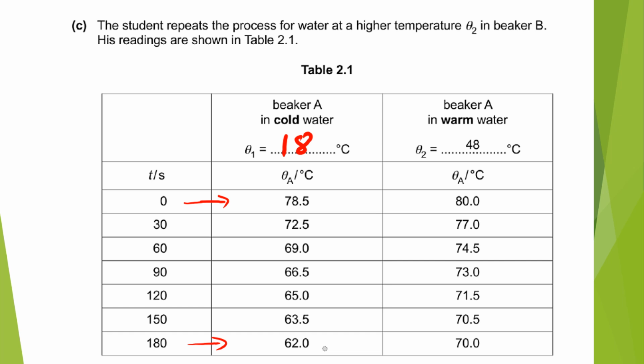So clearly if you observe the readings, initial temperature is 78.5 for beaker placed in cold water and its last temperature is 62. You need to find the difference and just keep it aside. Then beaker A in warm water, the starting temperature is 80 degrees and the final temperature is 70. So clearly the difference is 10 degrees.